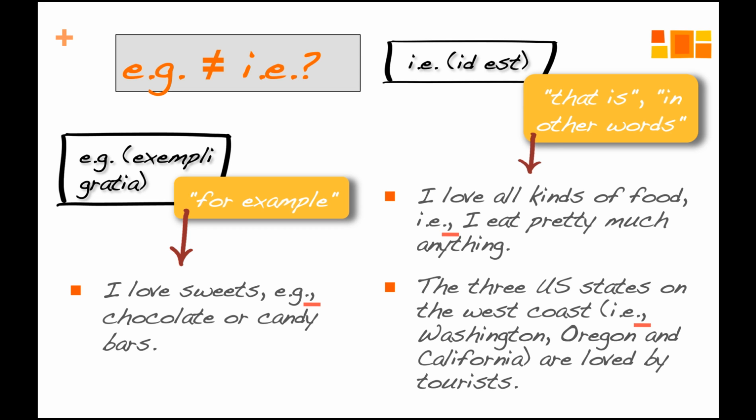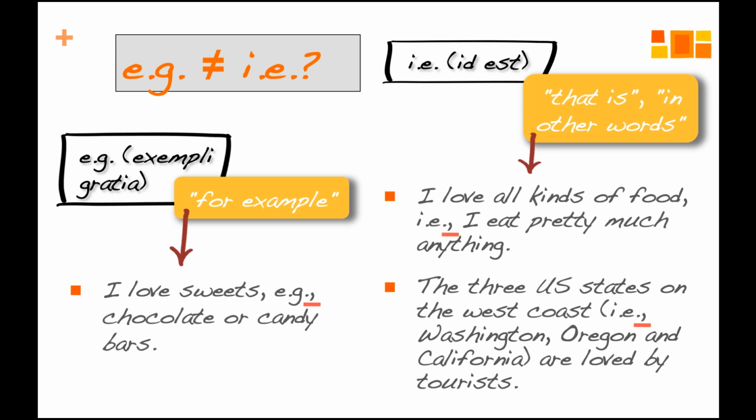Use i.e. when you want to say something in other words, or maybe give a little clarification or a little definition. The 3 US states on the West Coast, i.e. Washington, Oregon, and California, are loved by tourists. Remember your commas, and also remember not to overuse these 2 abbreviations.